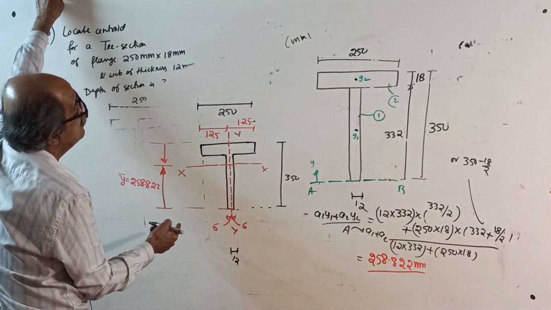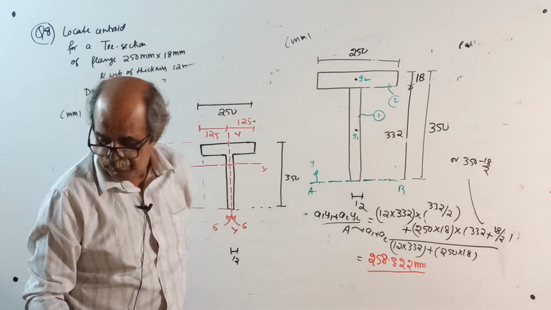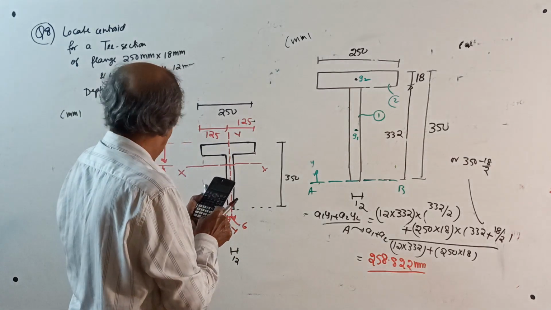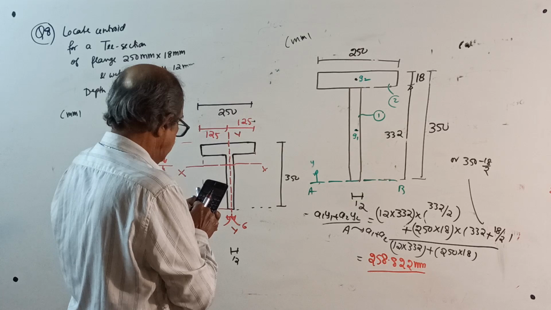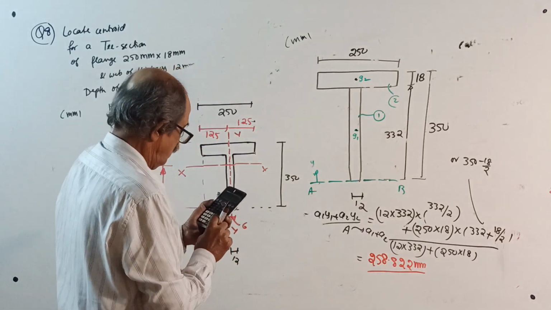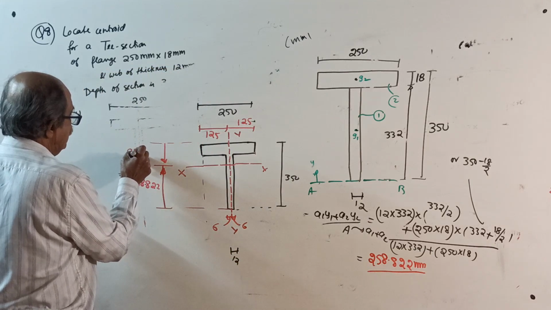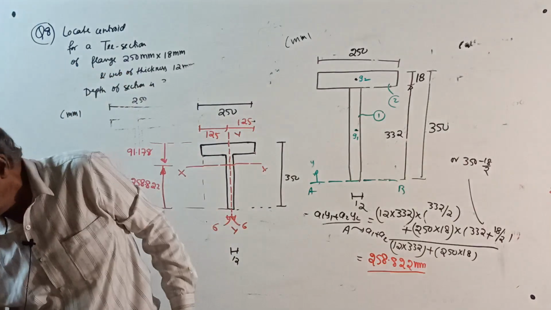I don't know where I wrote the answer, I will calculate once again. No problem. From 350, subtract 258.822, it is 91.178. Okay, this question is over.